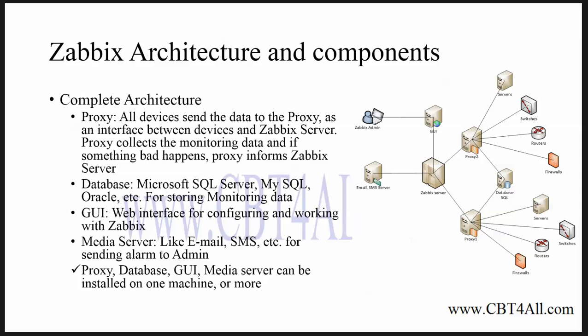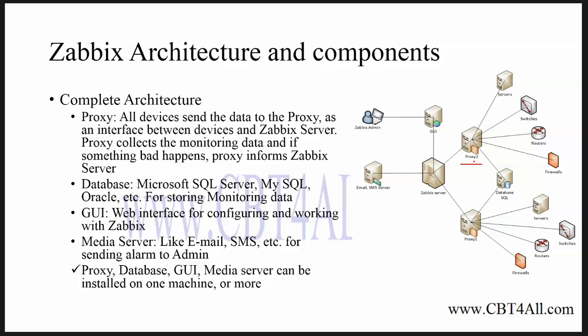Okay, let's start. First, let's talk about the components involved in Zabbix. We have different components in Zabbix. For example, we have proxies, which are responsible for receiving the monitoring data from devices like servers, switches, routers, and so on.